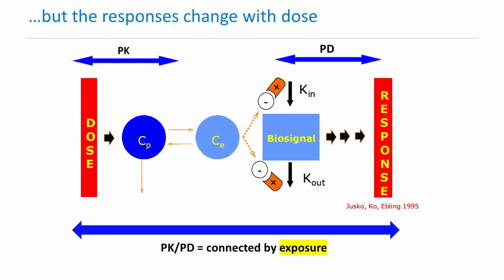But it's a very rare situation when the response is just a yes or a no. Generally, the responses change with dose, and that's why we need to understand the PK-PD relationship. If we change our dose, our formulation, our dose frequency, you give the dose with food, you give the dose with other medications, you need to understand how that's going to impact the downstream response. So how you tie PK and PD together is exposure. And we're going to talk a little bit more about what that means in the next slide.